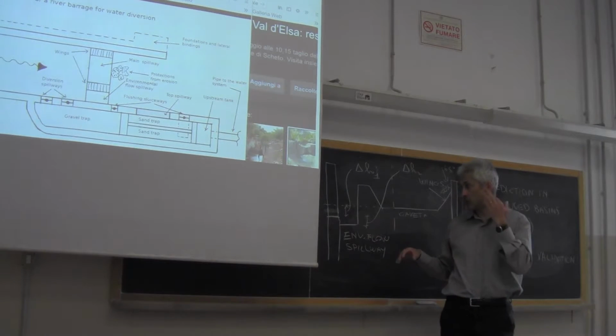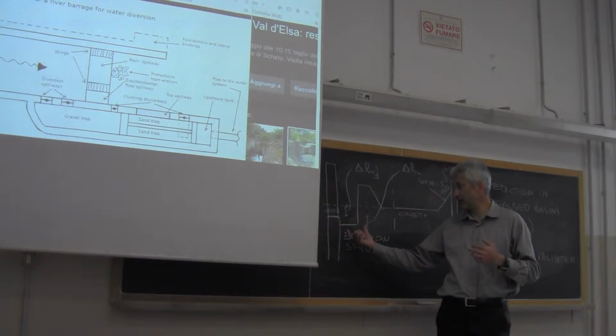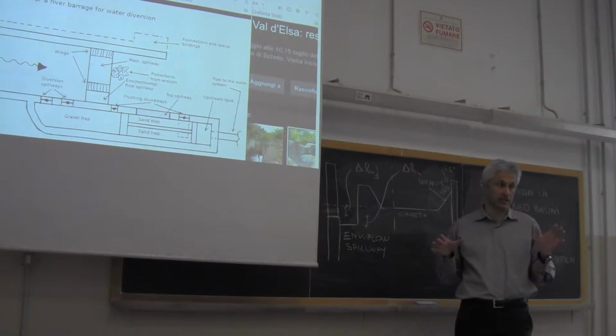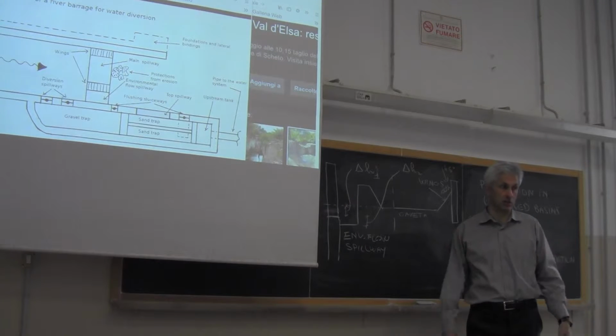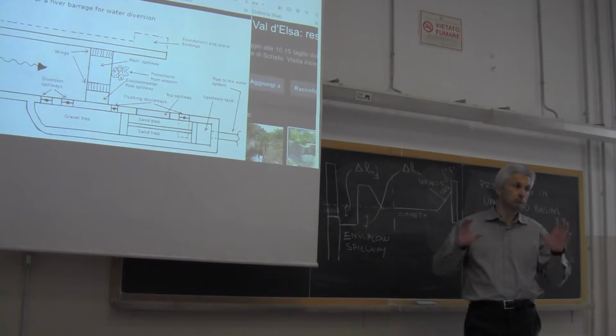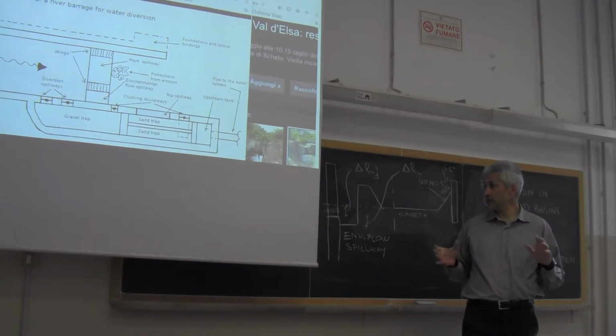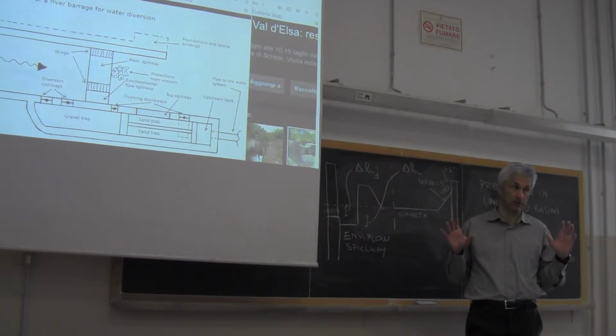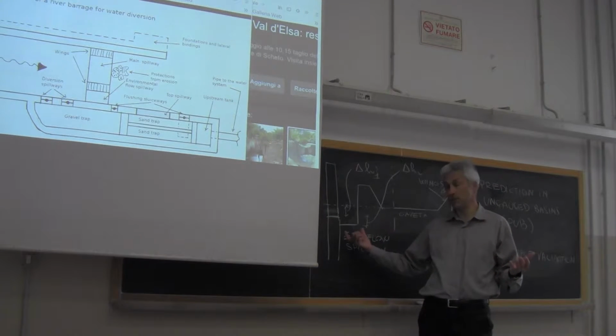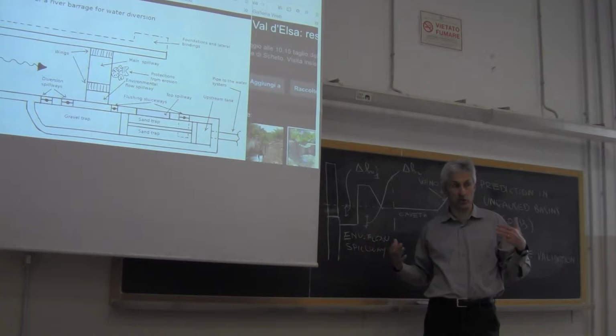And some administrations also suggest that the width of the environmental flow spillway is at least 40 centimeters in order for big fishes to pass through. So there are some indications about the shape of the environmental flow spillway given by administrations, and also indications about the presence or not of the fish ramp.